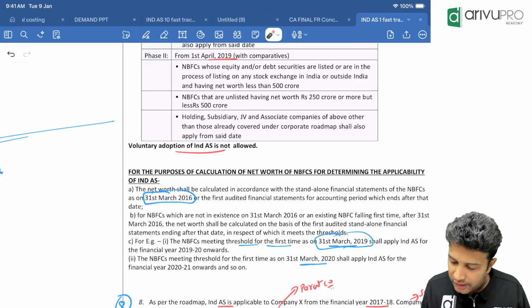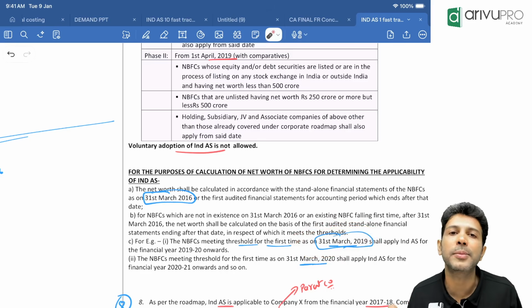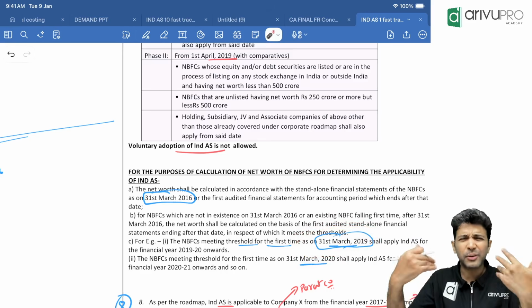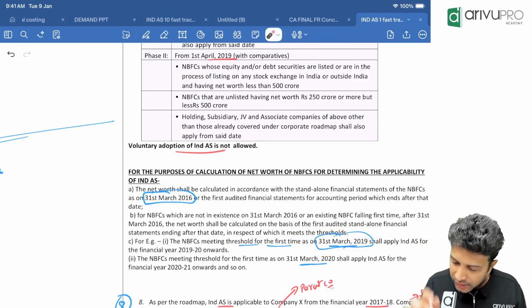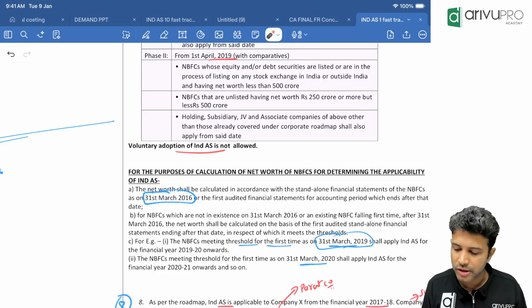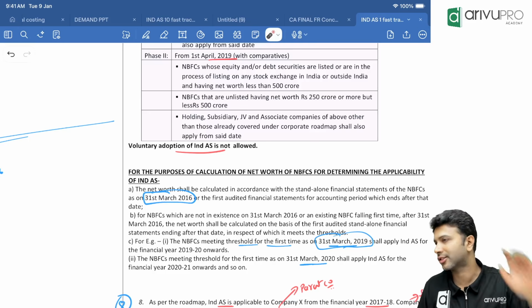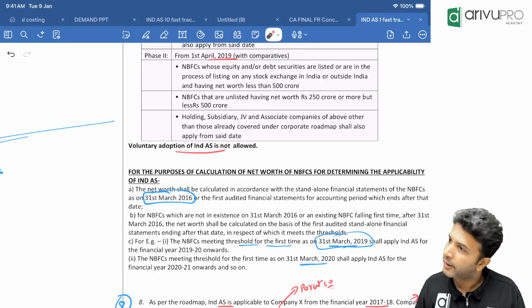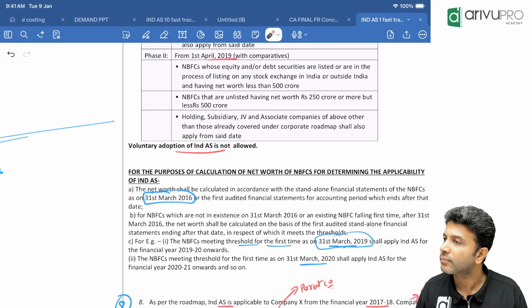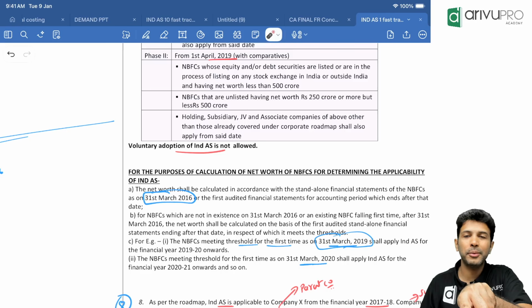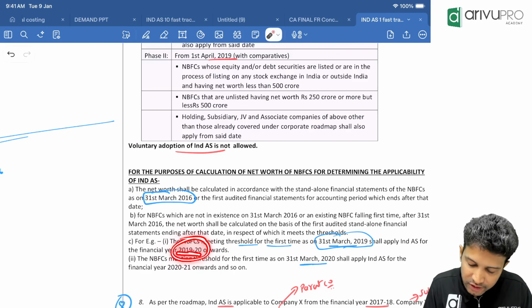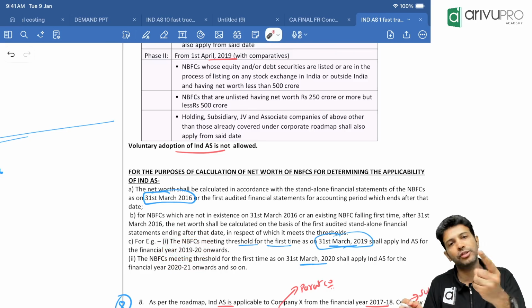Suppose till 31st March 2019 the net worth limit failed, but net worth as on 31st March 2019 first time crossed 250 crores, or it became a listed NBFC. Then immediately the next day, from 1st April 2019, that is the 19-20 year onwards, you'll start applying Ind AS.